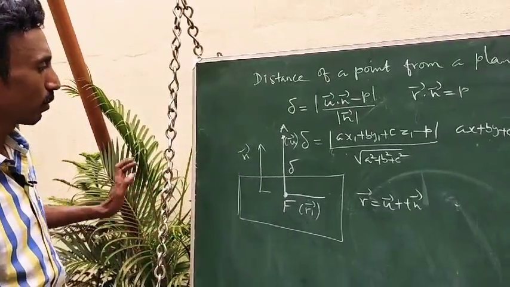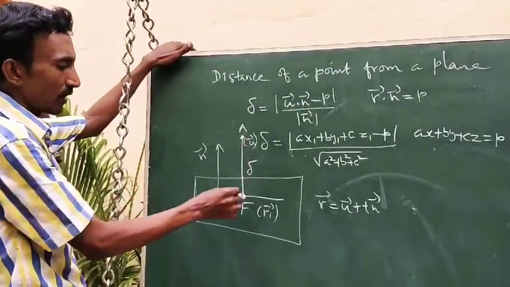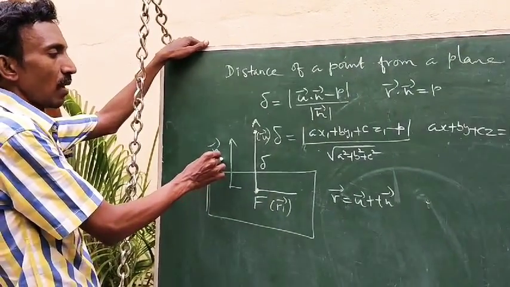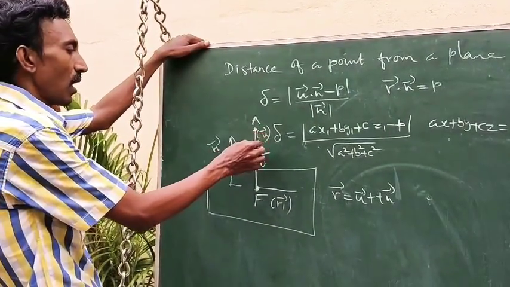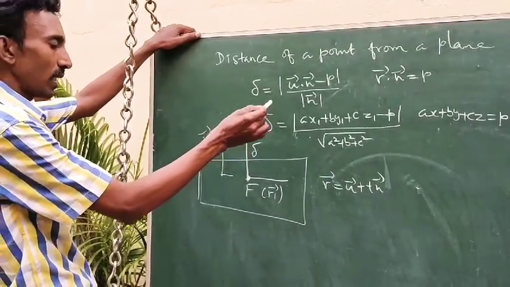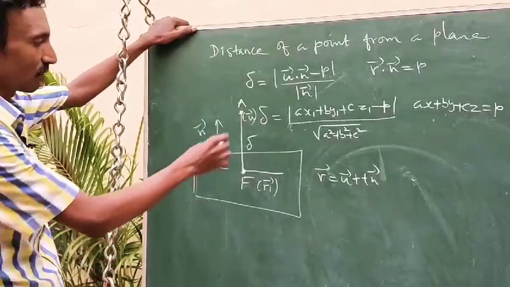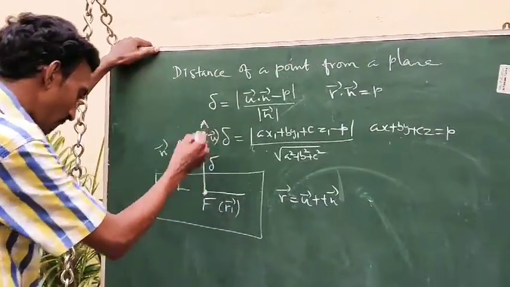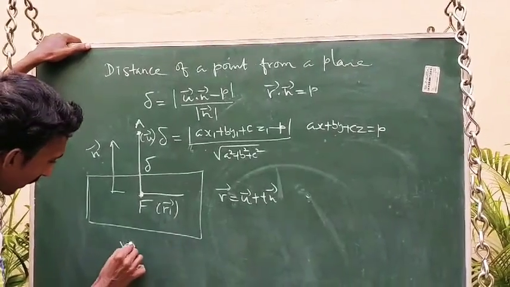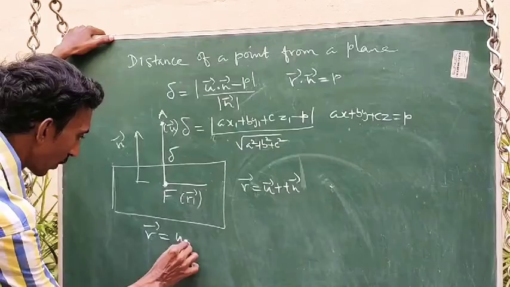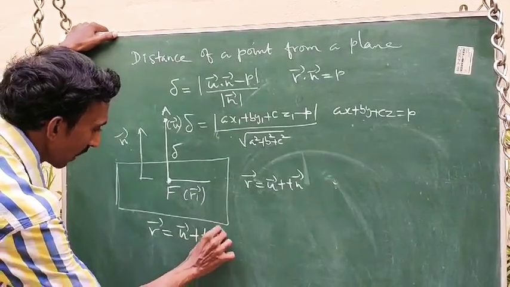Okay, very simple one. If AF is perpendicular to the plane, it means it is parallel to the n vector. Parallel to the n vector means we can write the equation of this line AF as r vector equals u vector plus t into n vector.